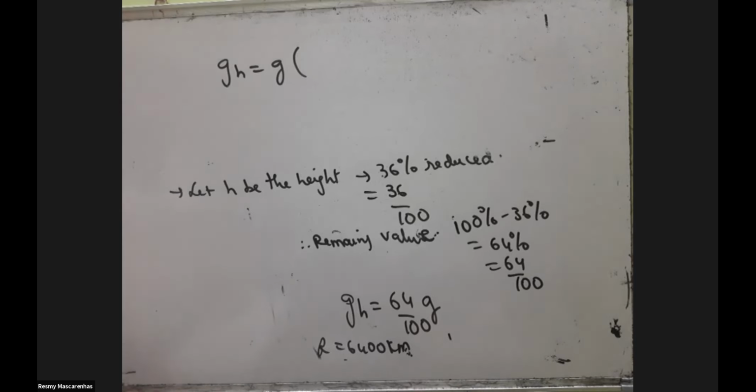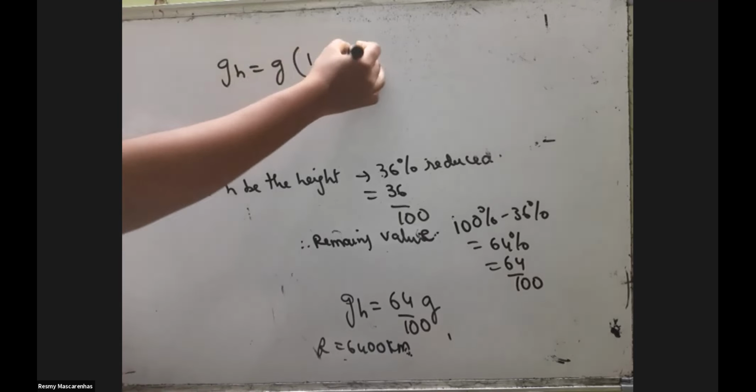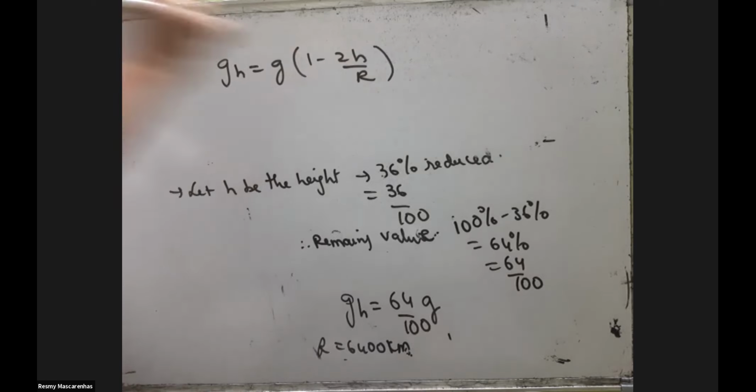So directly we will not be able to use 1 minus 2h. Suppose if I use 1 minus 2h upon r, there are two unknowns.